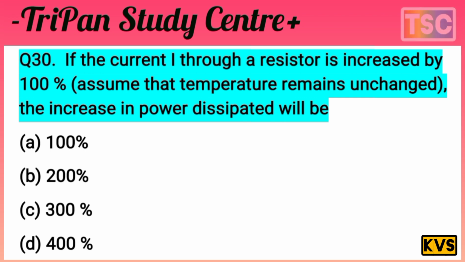Let's see what the answer is for this question. If the current through a resistor is increased by 100%, assuming the temperature remains unchanged, the increase in power dissipated will be 300%, since the power becomes 4 times, an increase of 3 times.